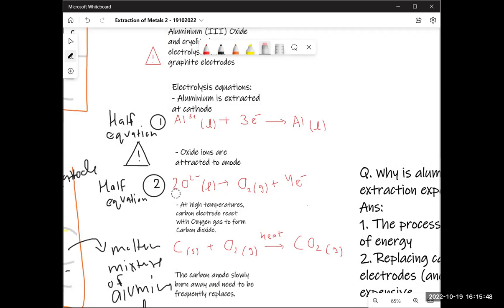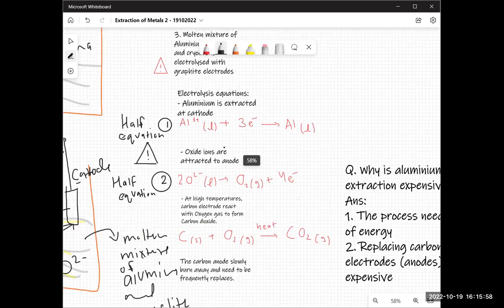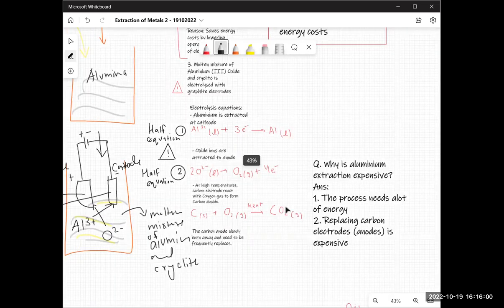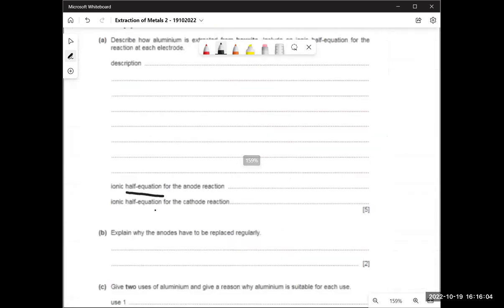Finished? Yes, sir. Now let's go back to the question. They're asking us for half equations here as well: the half equation at the anode and the half equation at the cathode.